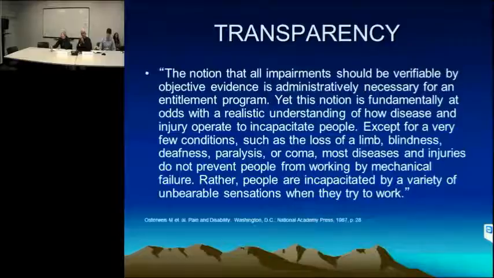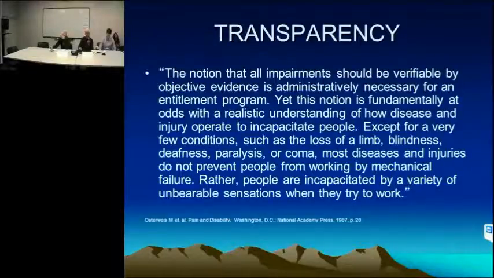Except for a very few conditions such as the loss of a limb, blindness, deafness, paralysis, or coma, most diseases and injuries do not prevent people from working by mechanical failure. Rather, people are incapacitated by a variety of unbearable sensations when they try to work. So to me, this beautifully encapsulates the dilemma.